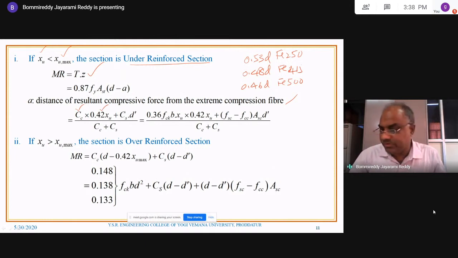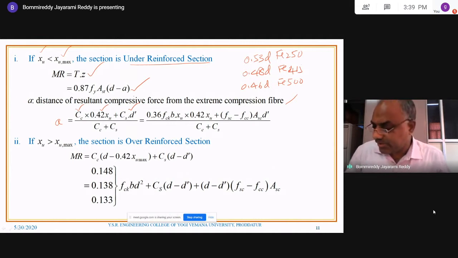In the last class also I have shown it. And CS, the compressive resistance of steel, is acting at its effective cover distance, divided by CC plus CS, and ultimately by substituting numerical values you will get A. This gives D minus A. This can be substituted here to calculate the moment of resistance.